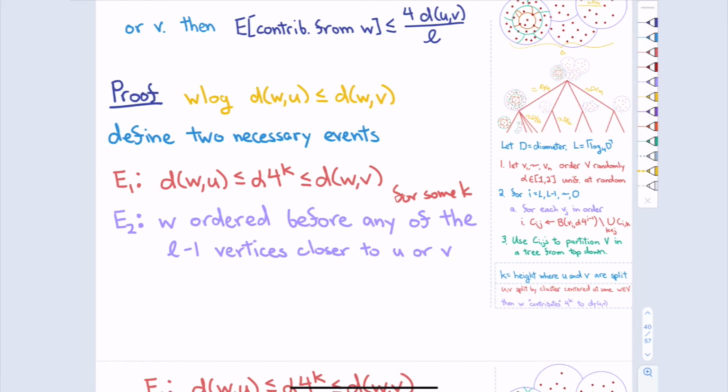Why? Right, so E1 actually only depends on alpha. Everything else is fixed, right? The distances from W to U and W to V, that's part of the input. And the second one only depends on the random ordering, which has nothing to do with alpha, right?